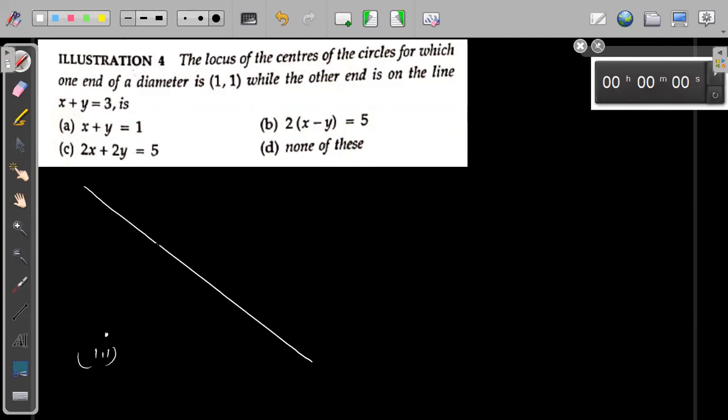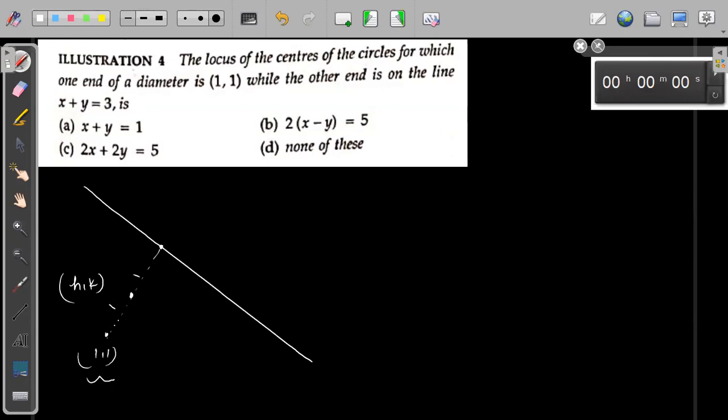Suppose I'm taking any point h comma k on this line. Let's take the center of this circle to be h comma k, because we have to find the locus of this. Now because this is the center, the diameter will be divided in the ratio 1 is to 1.